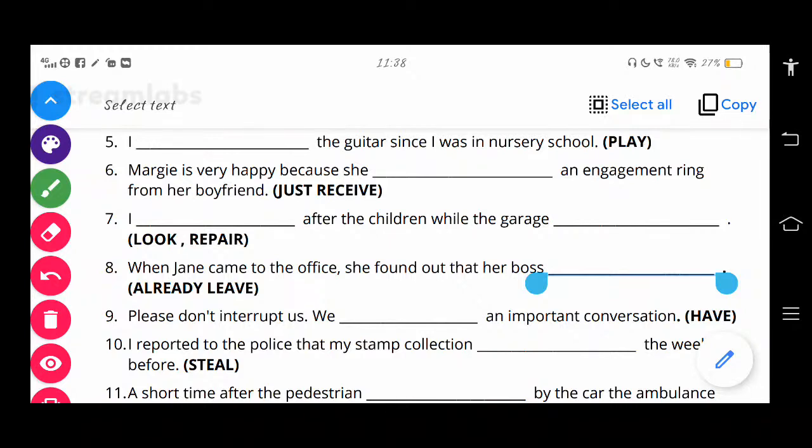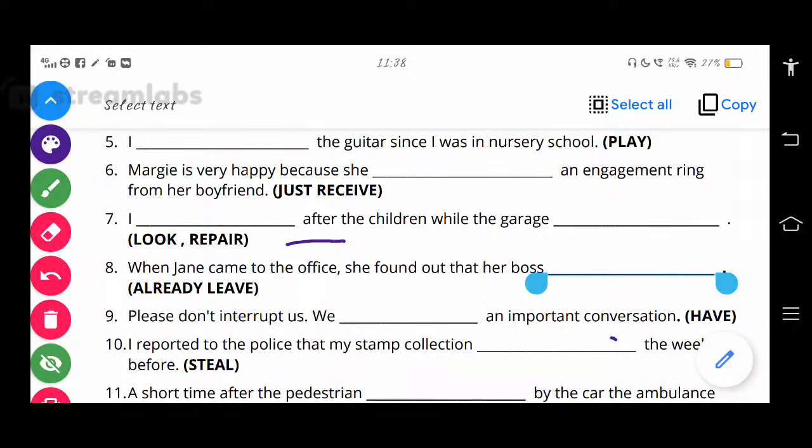Okay, once again, you have to question yourself, in what sense it is to be answered. As you have seen the word after, you thought that it is a completed earlier action. But don't think of it, because there is no indication that two actions are completed in a sequence. The sequence is not discussed here, it is discussed in a different way.